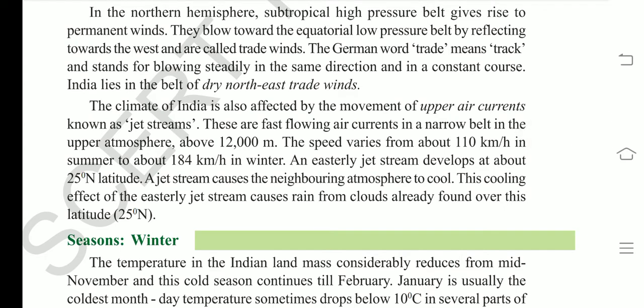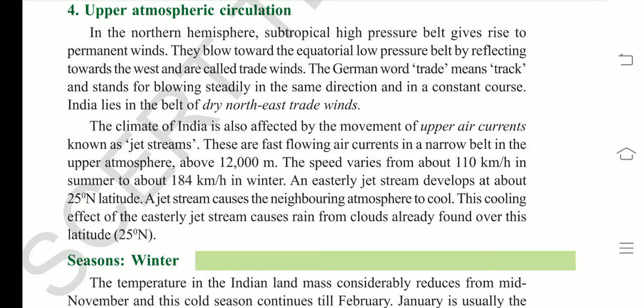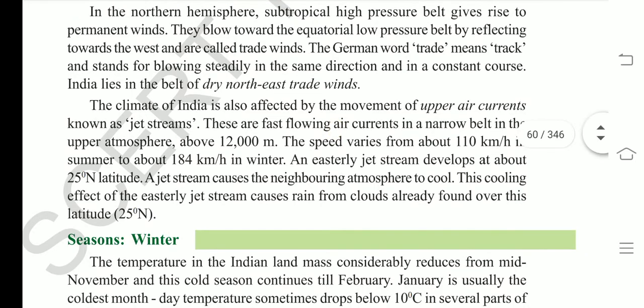Understand? So what happens here, right? We see that at 12,000 meters above sea level in the atmosphere, some air current is generated, and that air current blows with a speed of 110 kilometers per hour in summer and 184 kilometers per hour in winter. Such winds which blow with high velocity are called jet streams.